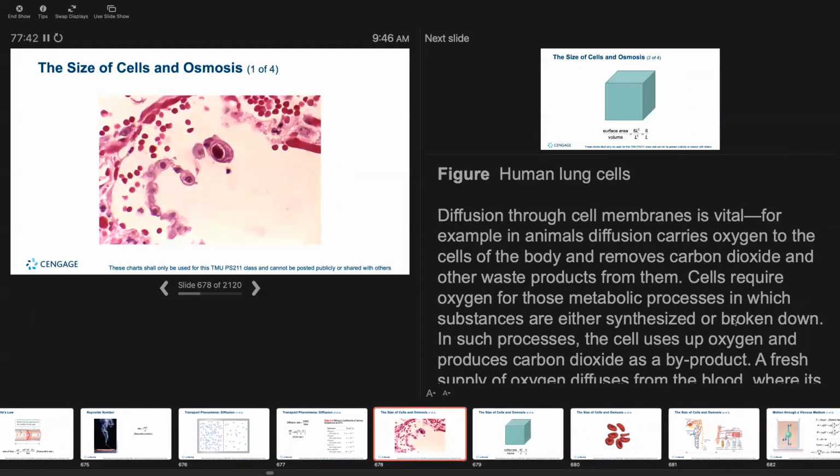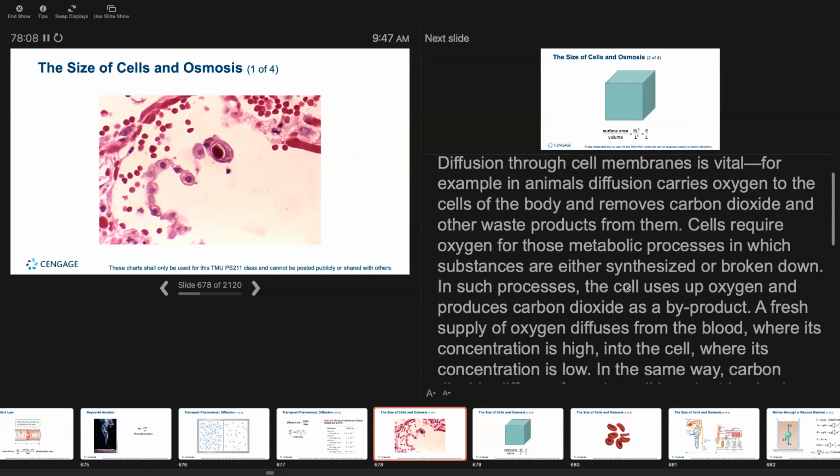So in this figure, we're seeing an illustration of human lung cells. Diffusion through cell membranes is vital. For example, in animals, diffusion carries oxygen to the cells of the body and removes carbon dioxide and other waste products from them. Cells require oxygen for those metabolic processes in which substances are either synthesized or broken down.